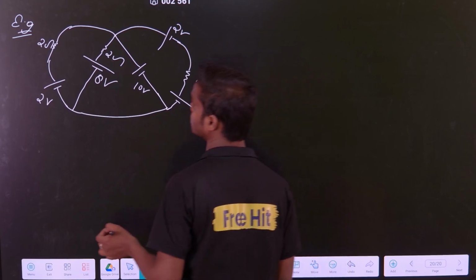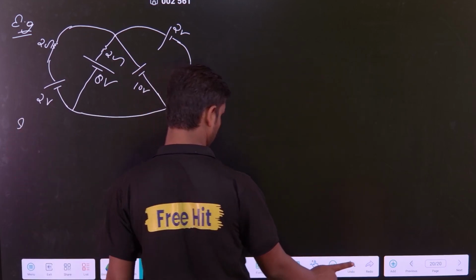Clear? This is the circuit. Same question. Find the current in all the branches.